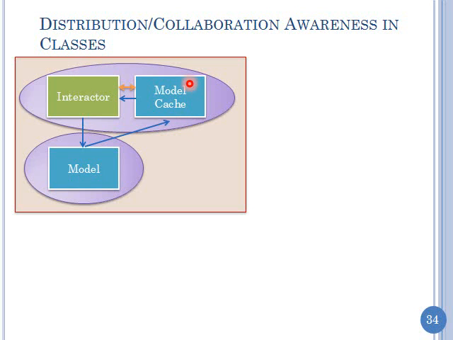Anytime there are arrows between a module and another process, you have awareness. The interactor sends the value to the model, so it's distribution aware. The cache receives objects from the remote model, so it's aware. All 3 objects are aware. Now, if you're using my library, you're not using something higher level, that's a fact of life.